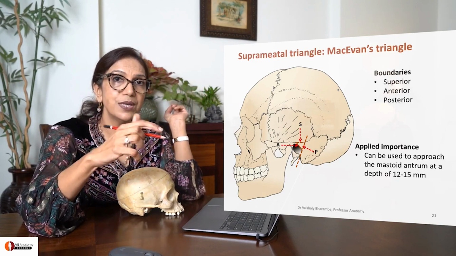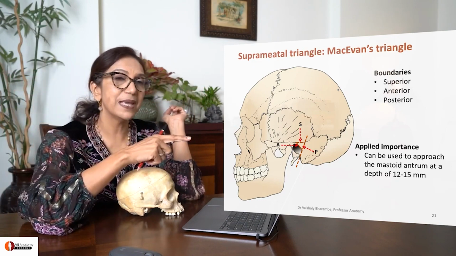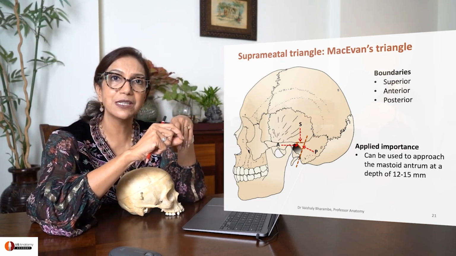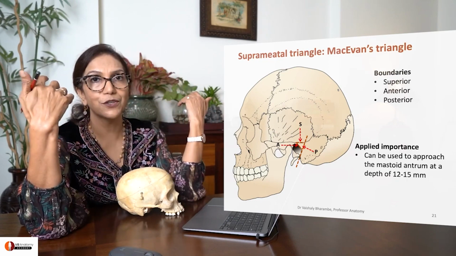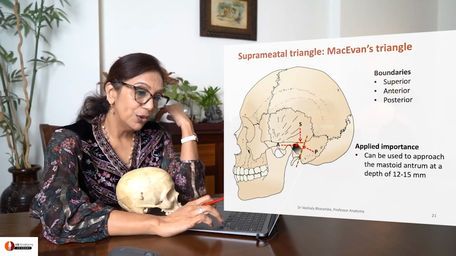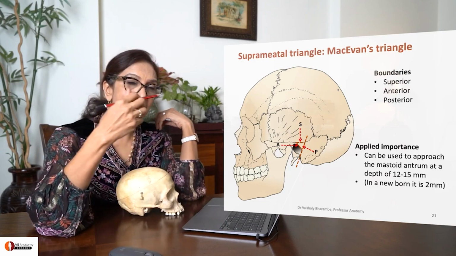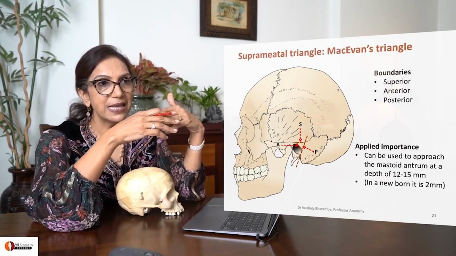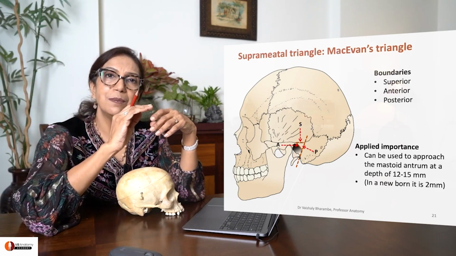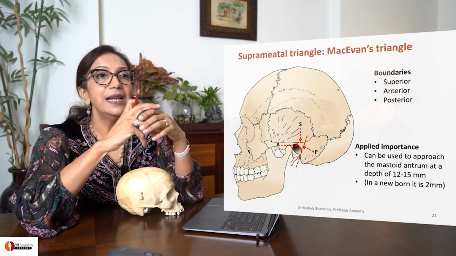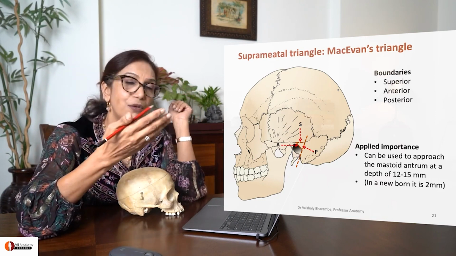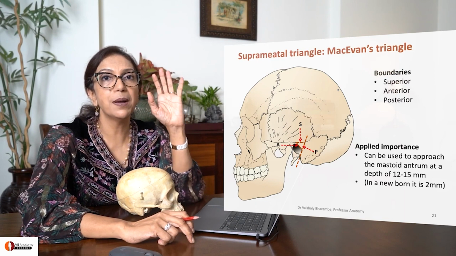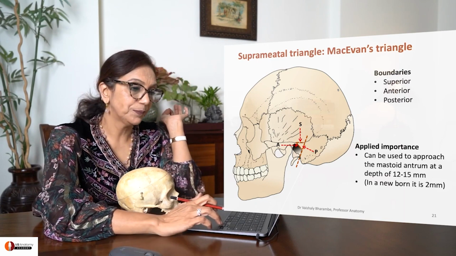So you pass through the suprameatal triangle, drilling a hole about 12 to 15 millimeters deep to drain out the infection. Note that in a child, the depth at which the mastoid antrum exists is barely 2 millimeters. As the child grows older, almost a millimeter is added every year till it reaches the adult depth of 12 to 15 millimeters. Have you got it? That is the suprameatal triangle.